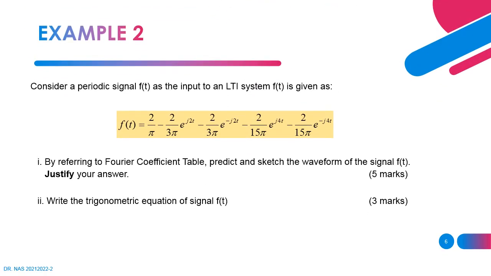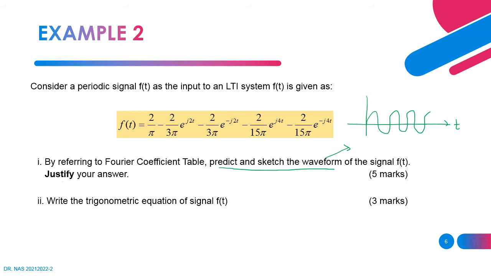Okay, let's look at the second example. Given a periodic signal f(t) as the equation shown, you need to predict and sketch the waveform. What is a waveform? A waveform is the signal in time domain. The signal must have a shape, whatever shape it is, and it is in time domain.